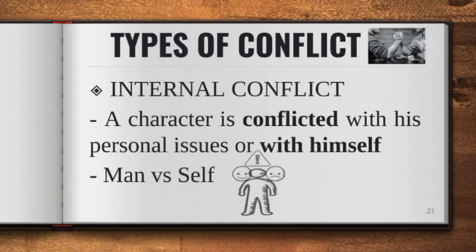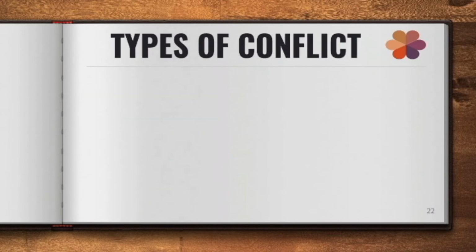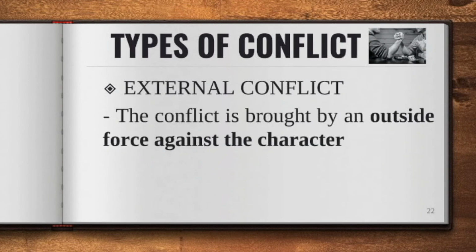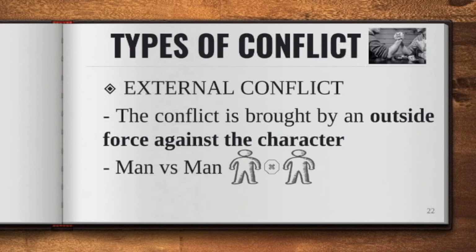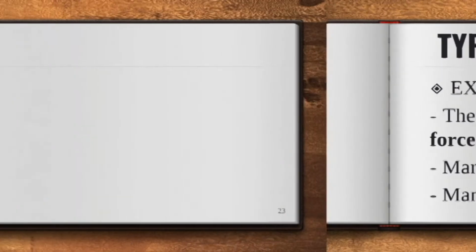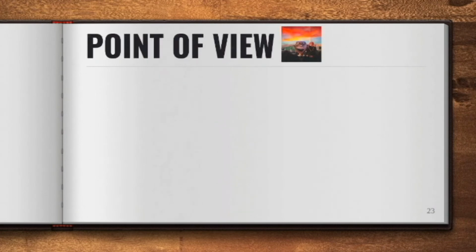This is also called man versus self. External conflicts, on the other hand, are conflicts brought by an outside force against the character. This can be another character, which is called man versus man. It can also be the difficult environment or society that the character is in, which is man versus nature or man versus society.